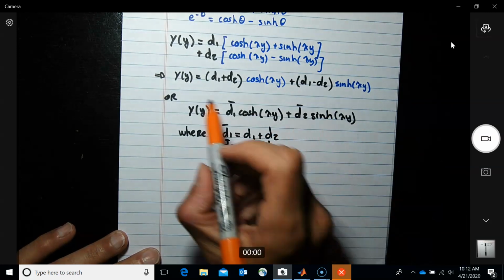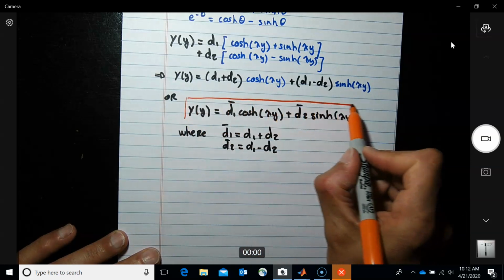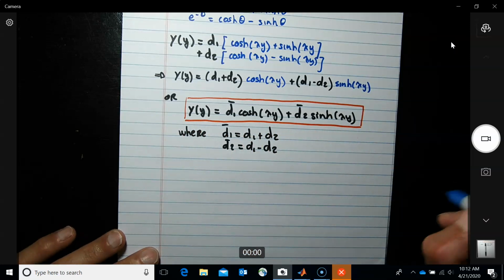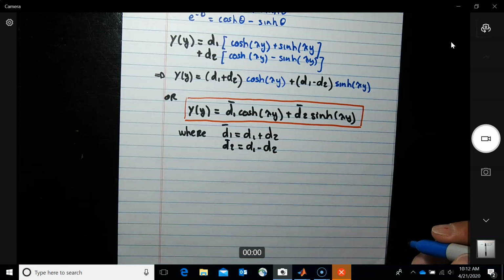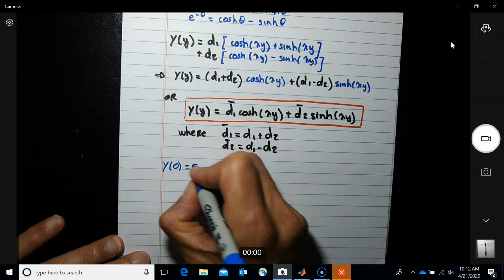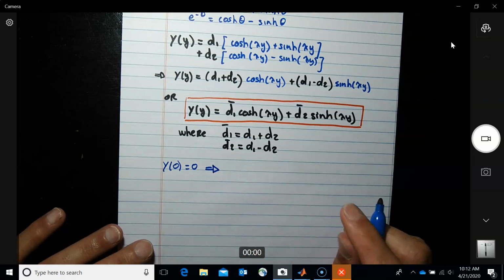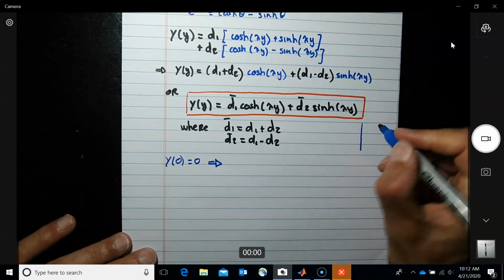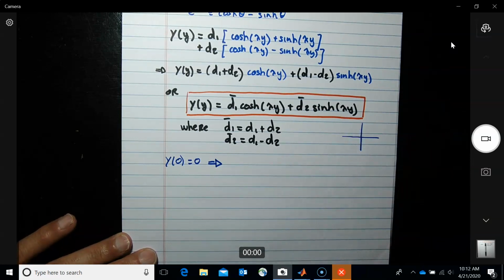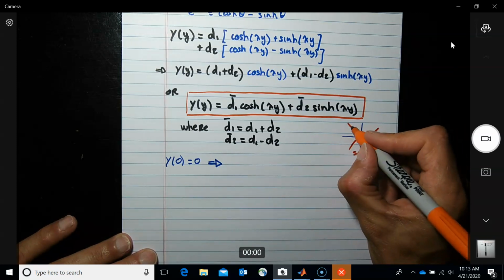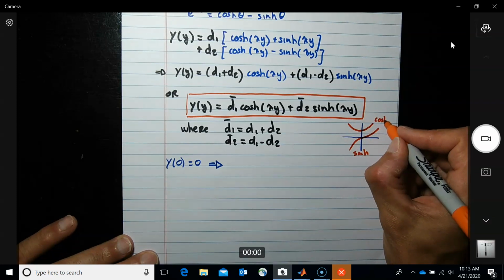Okay, but once again, now this function should satisfy the boundary conditions, which are what? The boundary conditions are y of 0 equal to 0, which means, remember again the shape of the functions, this will be the sinh function, and this will be the cosh function.